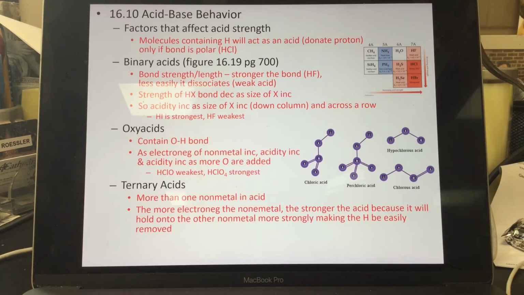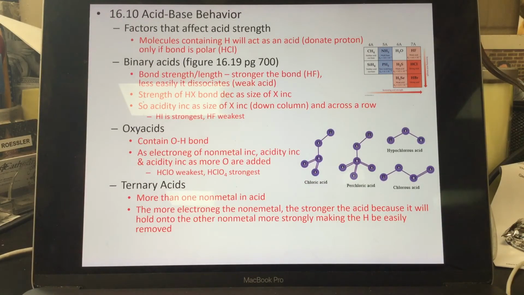So again, the same trend, just saw a misspelling, sorry. The more electronegative the nonmetal, the stronger the acid. And again, it's for the same reasons as what I was explaining up here.